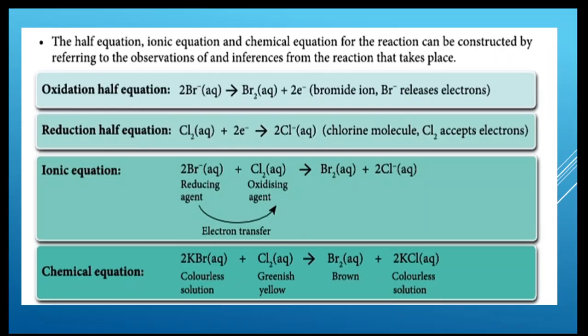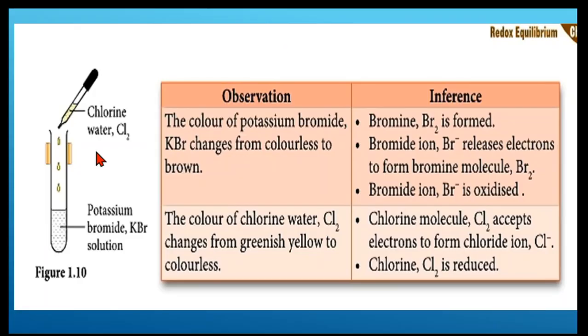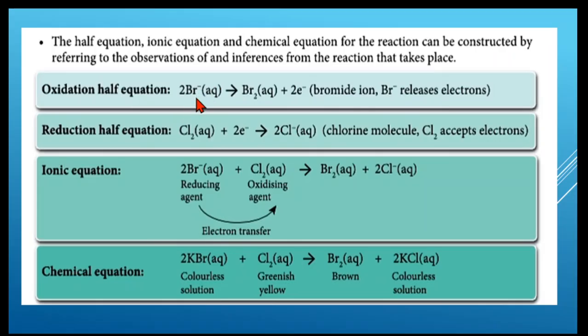Okay, so half equation dia di sini. Mula-mula dalam solution ini adalah KBr, potassium bromide. Charge dia ialah K plus, Br minus. Okay, Br minus. Apa yang terjadi ialah the bromide ion, dia buang elektron. 2 elektron, so dia menjadi bromine.